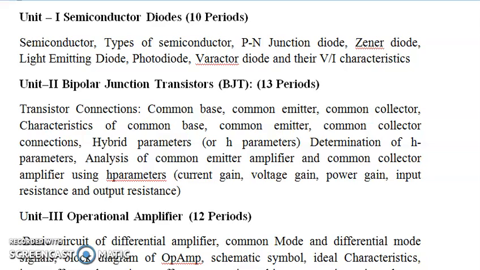Second unit is bipolar junction transistor, in short we say BJT. In case of BJT, what are the different types of connections?